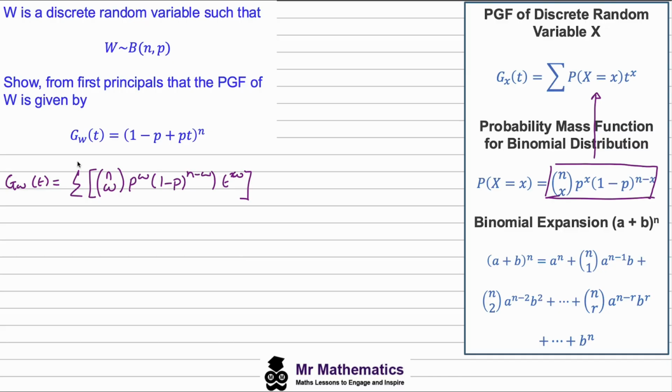Okay? And then because we're looking at a binomial, the lowest value of w we can have is 0.